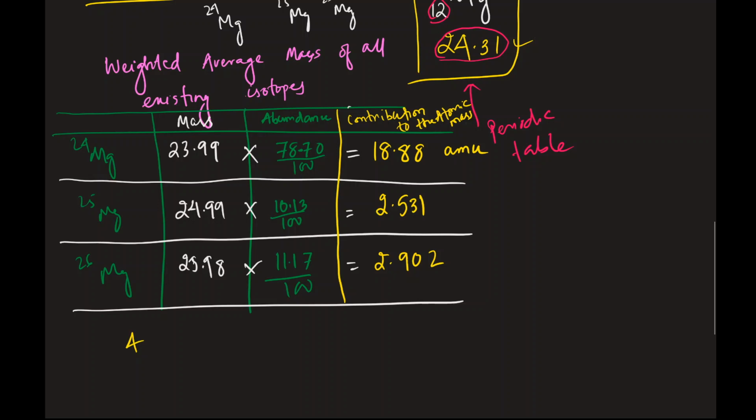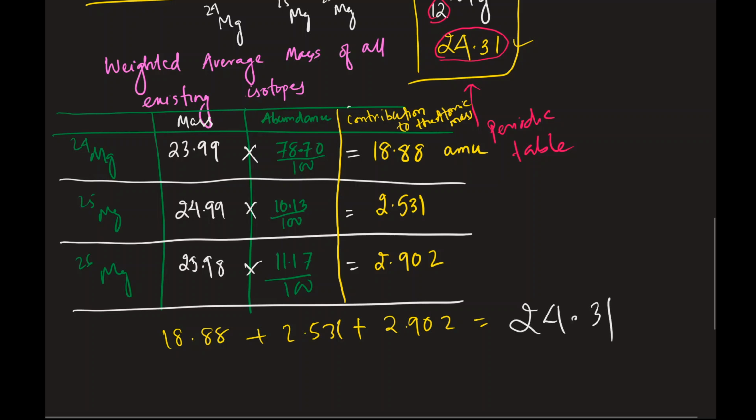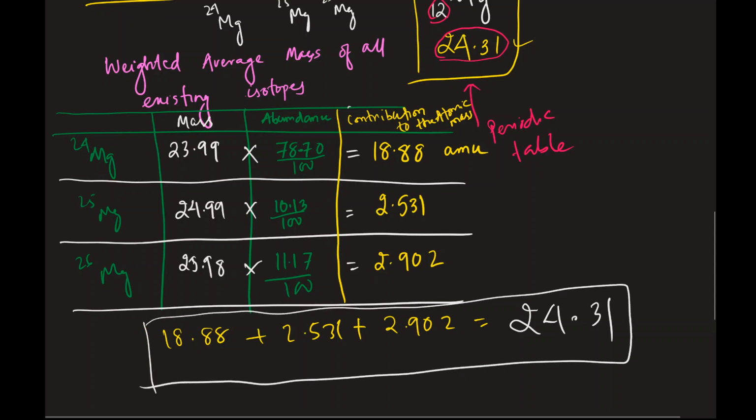So let's add them up: 18.88 plus 2.531, plus 2.902, and the number is going to be 24.31.